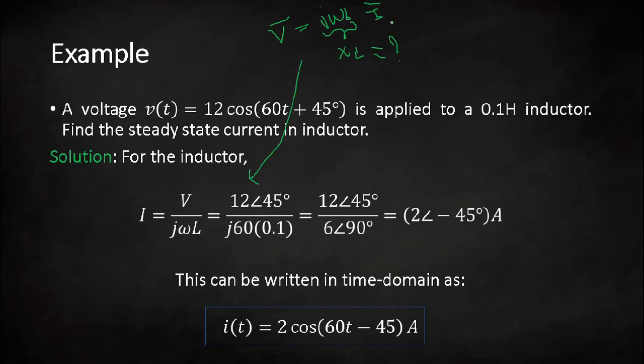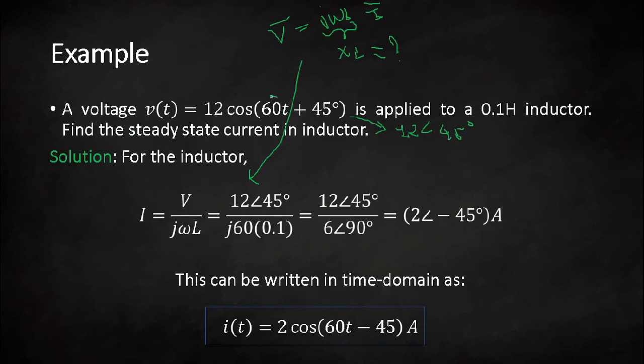So from this equation we can write I bar is equal to V bar divided by j omega L. Now simply put the value of V bar from this equation here. First we have to find the phasor form. The phasor will be found with the magnitude at an angle of plus 45.